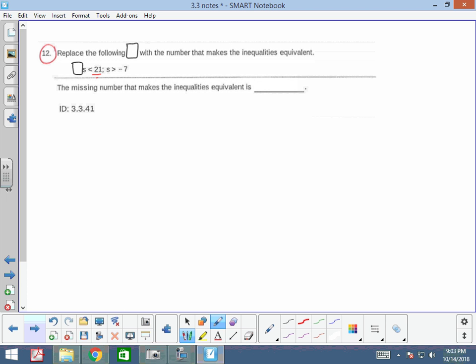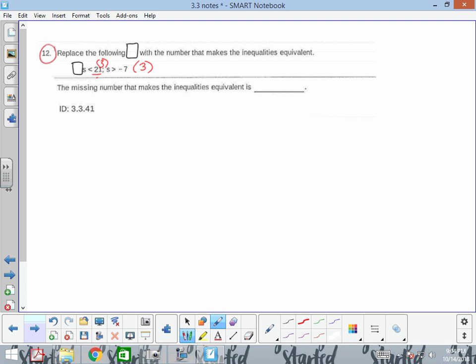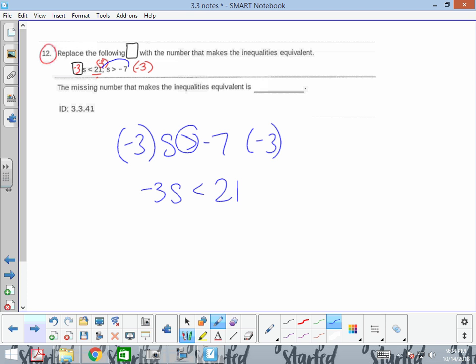So we're multiplying both sides by 3, but I want it to be a positive 21, so that will be a -3. So I kind of went backwards with that one. I took the S is greater than -7, and I want that to be 21, so I'm multiplying by -3 in order to do that. And when I multiply by -3, that symbol switches around. So I went from here to here. So that number has to be -3. I hope that isn't too confusing. If it is, let me know in class tomorrow.